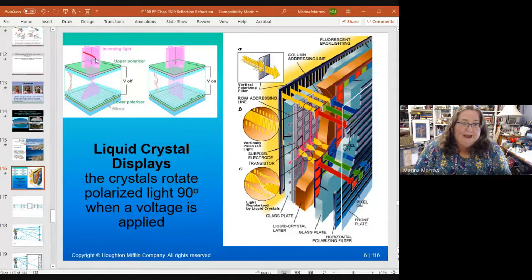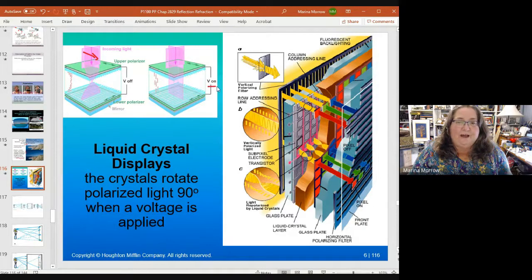So there was a beam of light with its electric field this way, and then it got rotated the other direction. That's with the voltage off, so it naturally will do that. And so you have your upper polarizer and your lower polarizer, which are at 90-degree angles to each other. That allows light to get through.